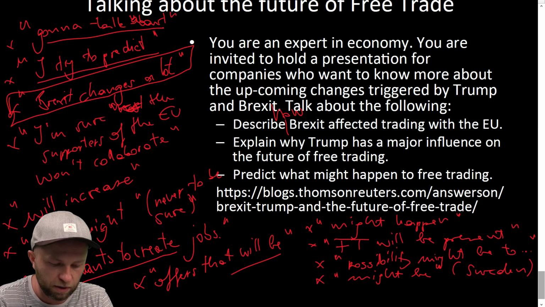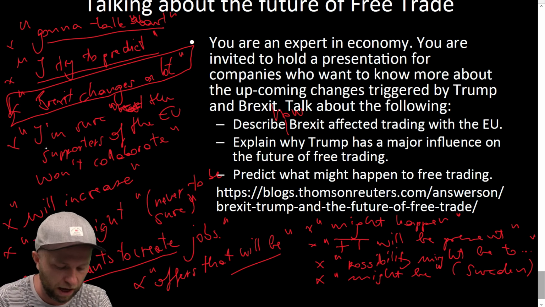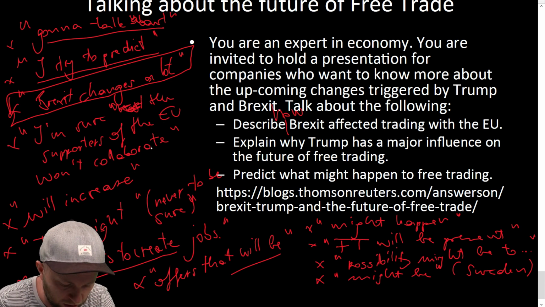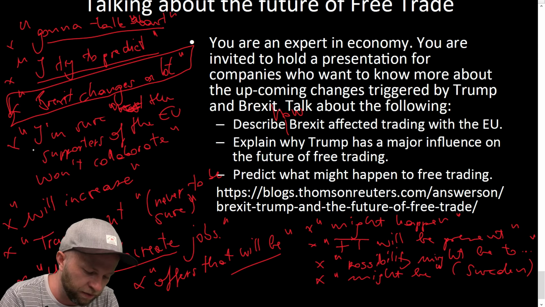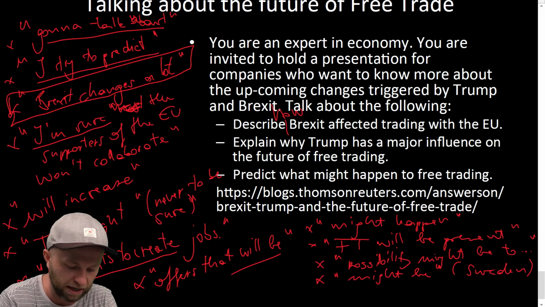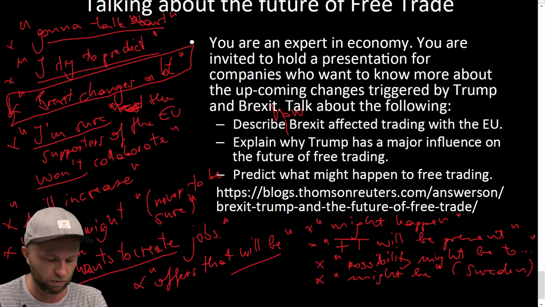Then there are other possibilities to express likelihood. For example, "I'm sure the supporters of the EU want collaboration." This is also expressing an opinion, something that you think might happen in the future, and "want" is a combination of "will" as well.